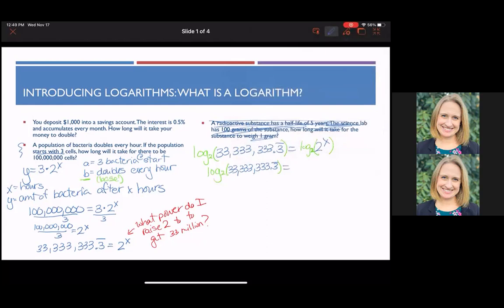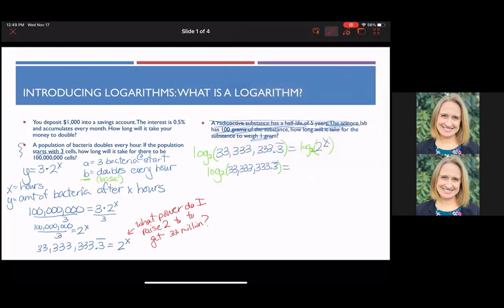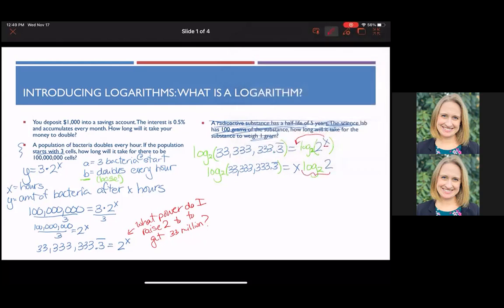And then with our log properties, we move this x down in front. So this becomes x times the log base 2 of just 2. And so what then happens is this log base 2 of 2 is 1.